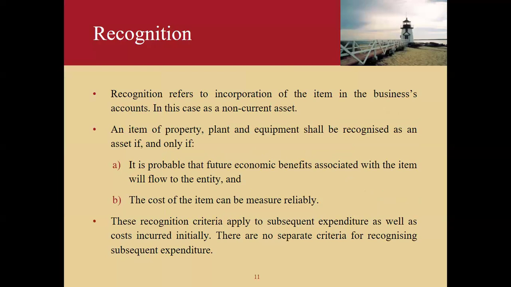So an item of property, plant, and equipment shall be recognized as an asset if and only if, one, it is probable that future economic benefits associated with the item will flow to the entity, and two, the cost of the item can be measured reliably. In the definition of all assets, we expect a future economic benefit to flow towards the entity.